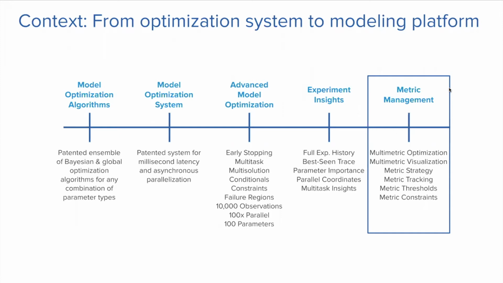We have a tool accessible through our API called Metric Strategy, which lets you select which metrics you're going to optimize, either one or two, and also select which metrics to store and which you'll be constraining. This all nicely comes together to facilitate optimization for your business metric or multiple metrics. And you can switch out metrics over time as well if your business needs change.